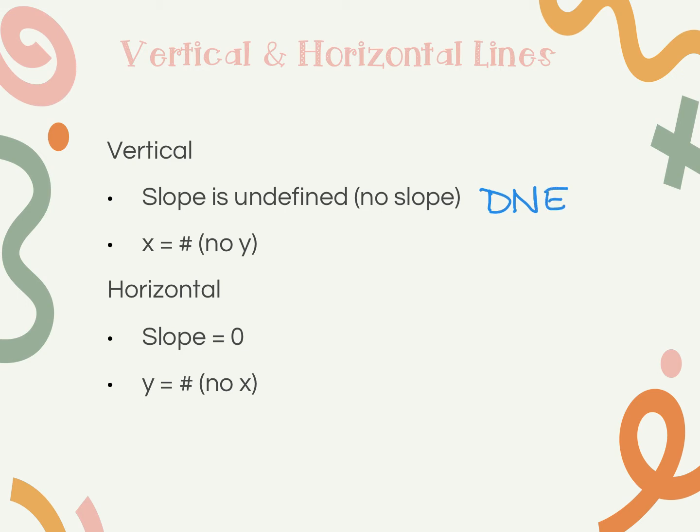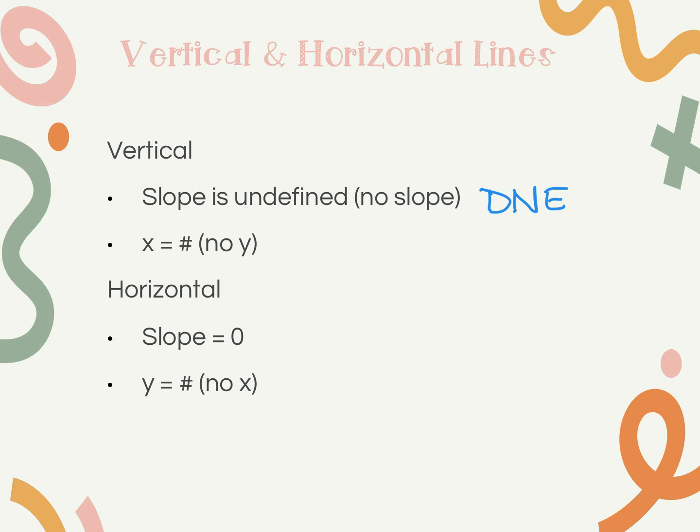So when you get a slope that is undefined, when it's a vertical line, you're going to type in DNE. The same thing's going to happen when there's no y-intercept. Anytime there's none, you're going to type in DNE. Okay, and then for a vertical line, the equation is always going to be x equals a number.